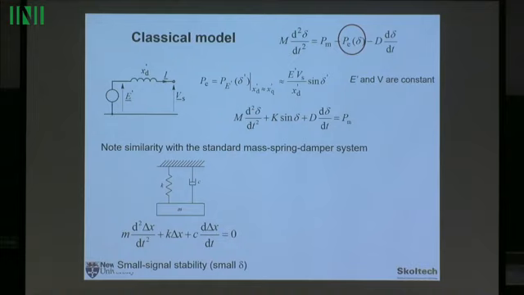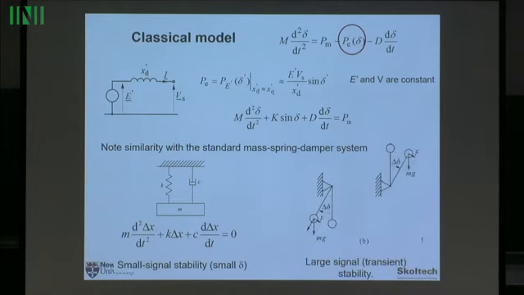What happens if the disturbance is big? If the disturbance is big, we cannot assume any longer that delta is small. We cannot use a linear model, we have to keep the angle delta, and then the mechanical analog is not the spring, but a pendulum. If you look at the pendulum, the force acting is proportional to the sine of the angle, which is similar to what happens here.